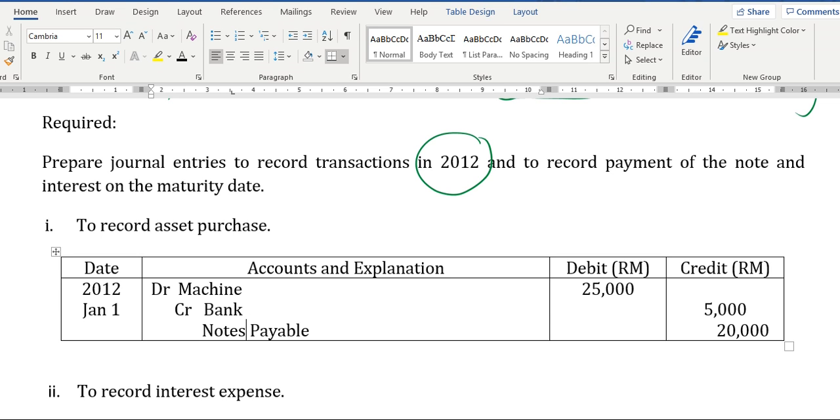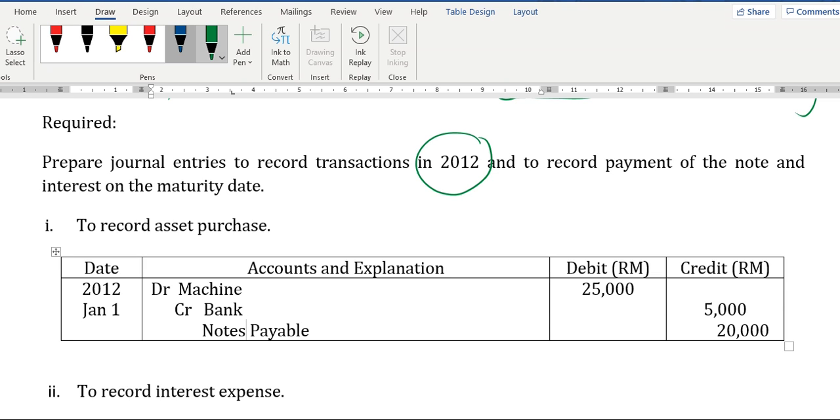And when you reach 31st of December of the same year, you need to declare the interest. So how much is the interest for 1 year? As given in the question earlier, the interest rate is 8%, and the principal is 20,000. So every year I need to pay the amount of 1,600.